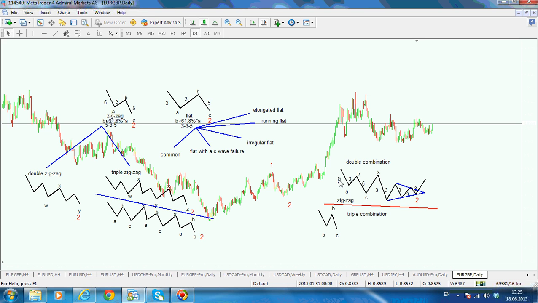So a flat has a structure of 5, 3, and 5. Under a flat you're looking for the B wave to retrace higher than 61.8 of wave A, and then you have an X wave to the upside.